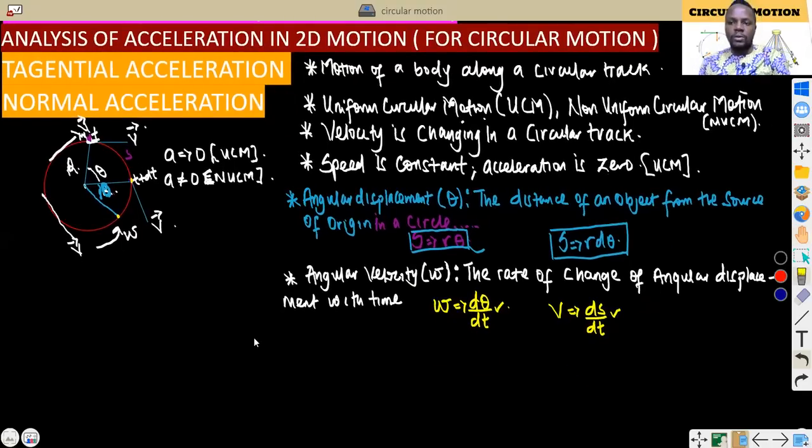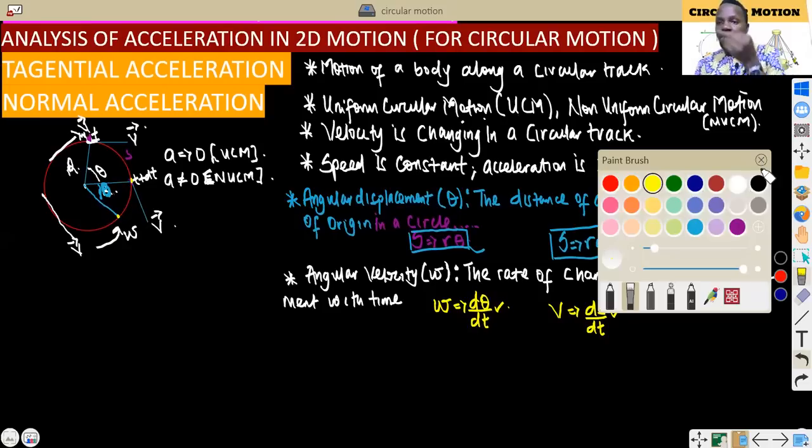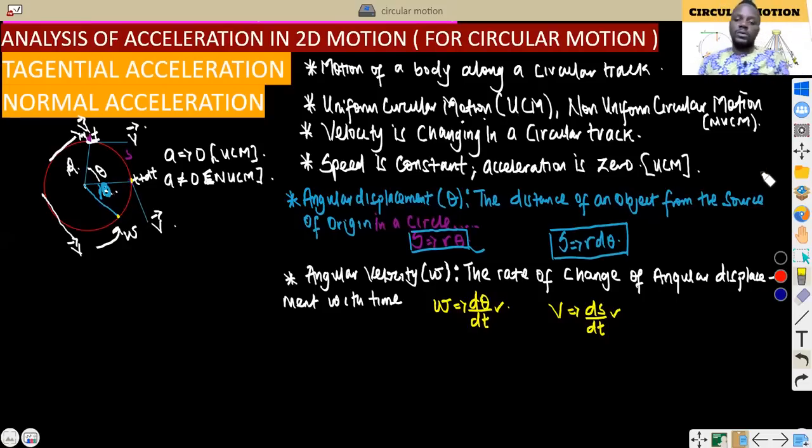Now that I know that angular is just the same as linear, the only thing is I'll just put angle in my definition. So simple. Since angular velocity is the rate of change of angular displacement with time, linear velocity is the rate of change of displacement vector quantity with time. So no problem. Now I want to compare angular and linear.